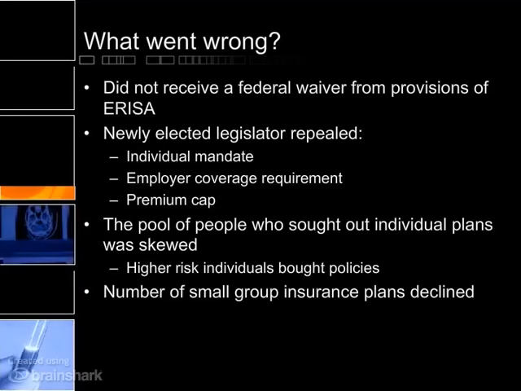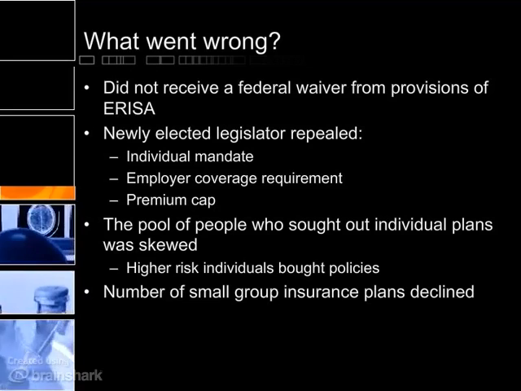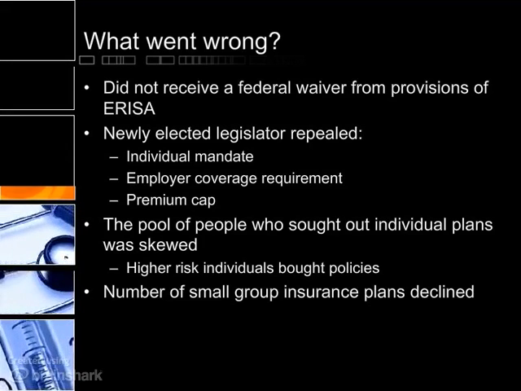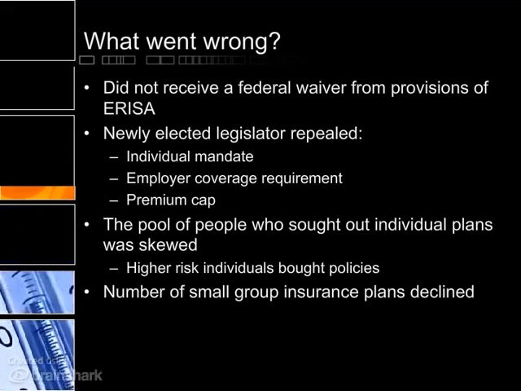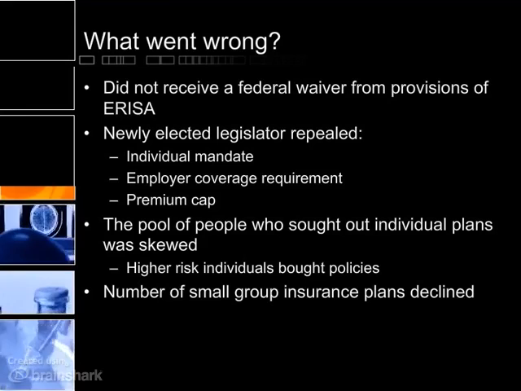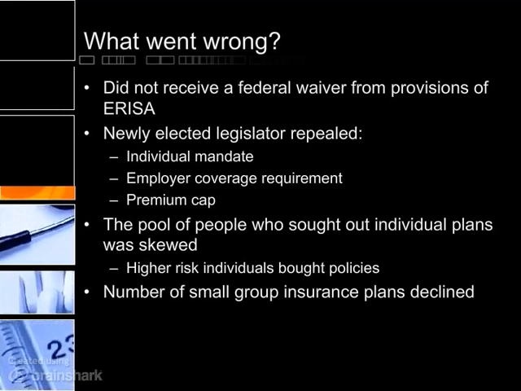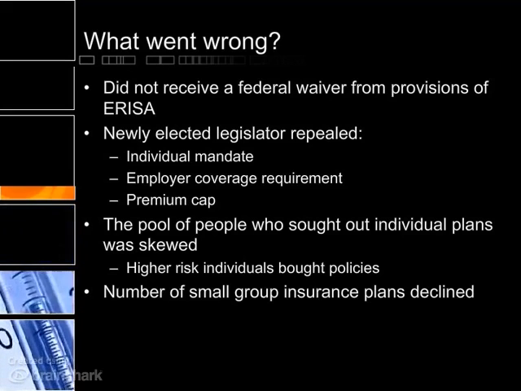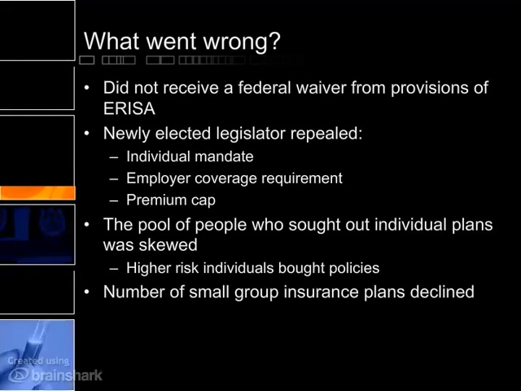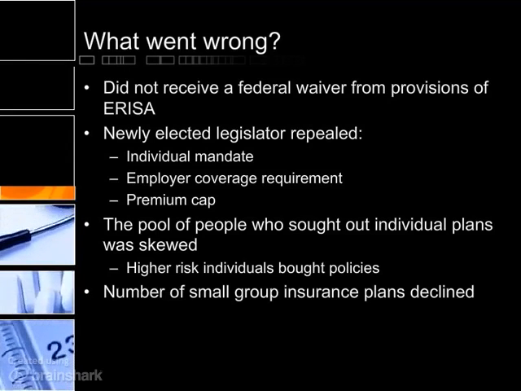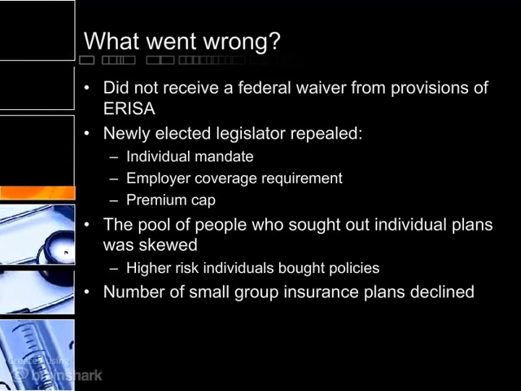The pool of people who sought individual plans then was very skewed and were really the higher risk individuals. And so, as I was just saying in the previous slide, when you don't have those low risk healthy people in the pool, it really drives costs up. And then the newly elected legislators just repealed it. And then, of course, Lowry had some problems and was not reelected for a second term.